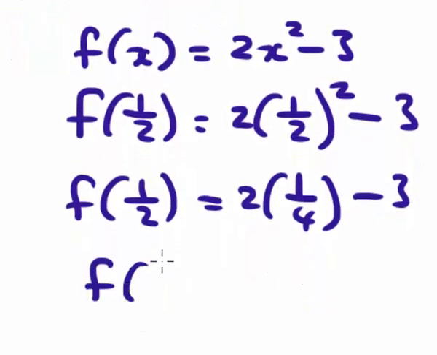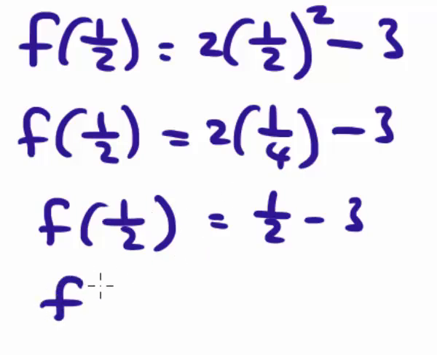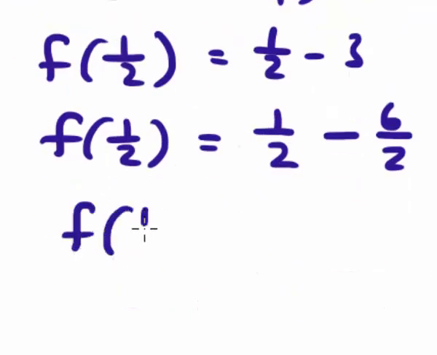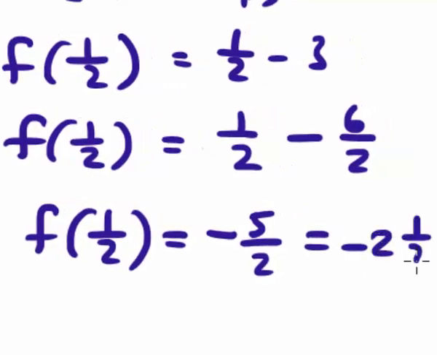Well, 2 times a quarter is a half, minus 3, and that simply comes to a half minus 6 over 2, which is 3. And then the f of a half is, very simply, negative 5 over 2, which of course is minus 2.5 if you want to do that.